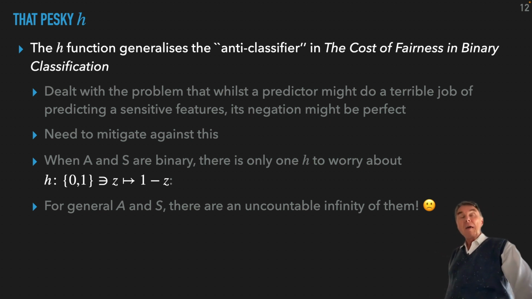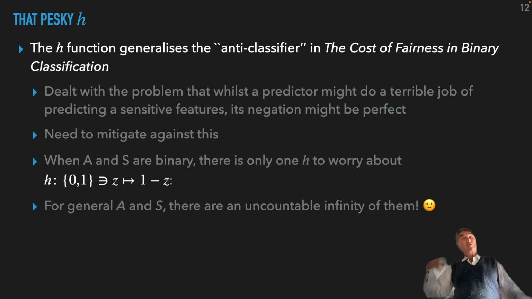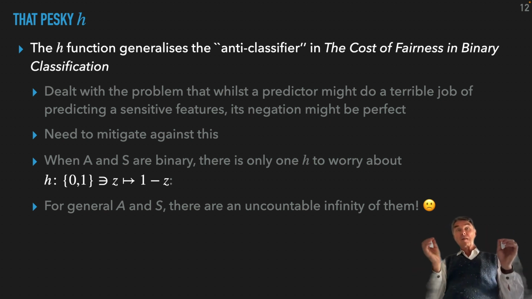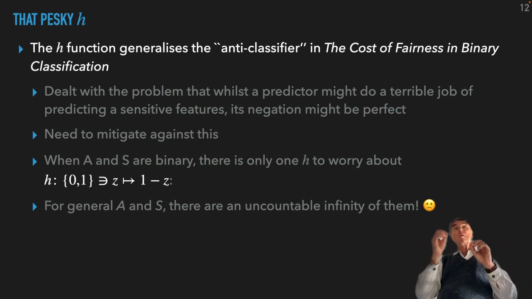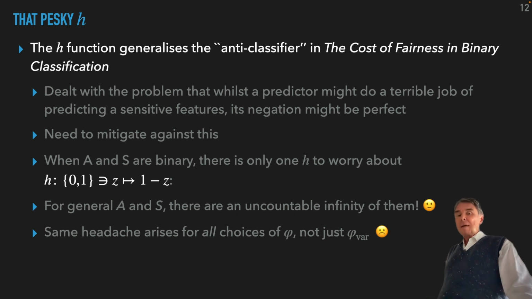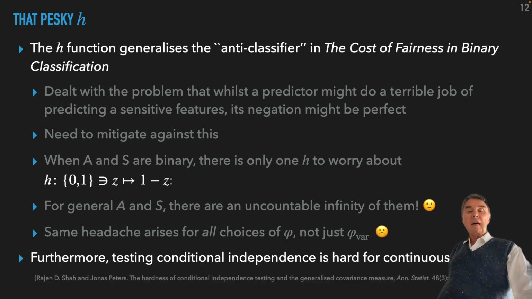You just flip. For general action spaces, for general predictions, and for general sensitive features, you end up with an uncountable infinity. It just blows up. The binary case is lovely and simple. It doesn't just get a little bit worse, it gets stupendously worse. And there's no getting around it. Like you think, oh, I've made a lot of choices here. Can I repair this?